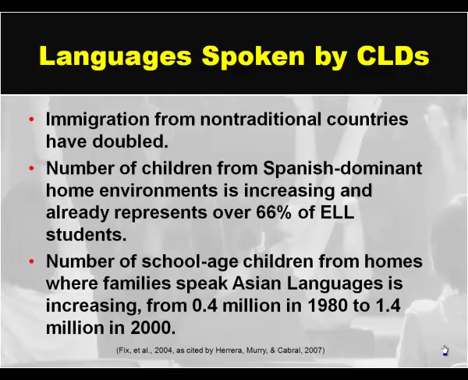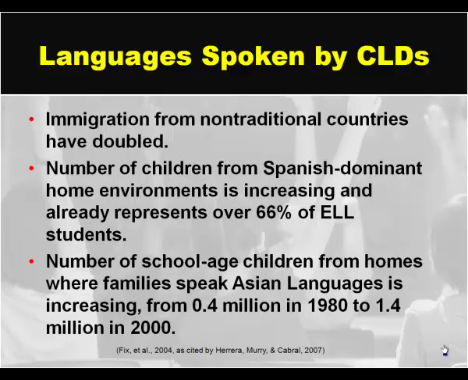Languages spoken by CLDs. The languages spoken by CLD students have significance in the classroom and in providing services. Immigration from non-traditional countries has doubled. Number of children from Spanish-dominant home environments is increasing and already represents over 66% of the ELL students.